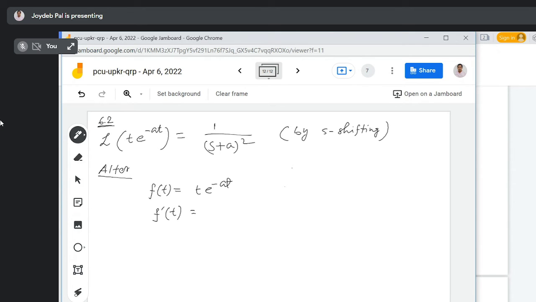So differentiating, what are we getting? e to the power minus at minus a t e to the power minus at. Any doubt?